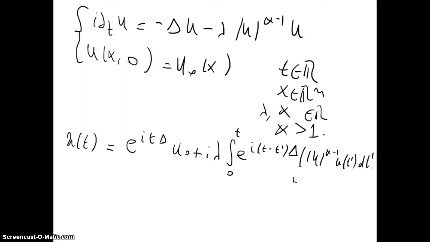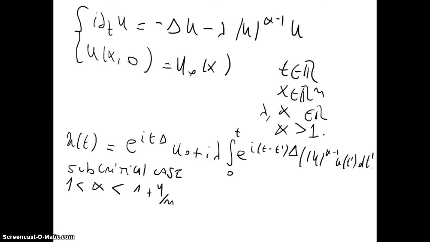This was the integral expression. So the first theorem, the local theory in L2, established first as a condition that alpha should be between 1 and 1 plus 4 over n. This was, let's say, the critical case.